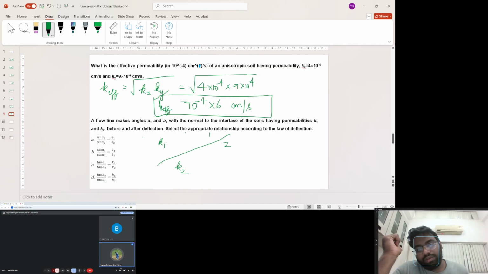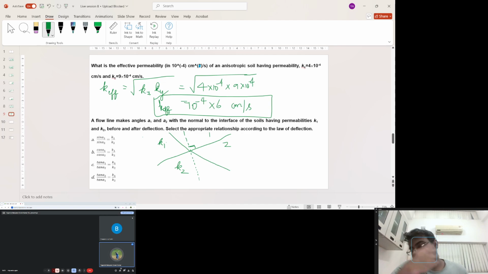So let this be the normal line, which is at 90 degrees. Right. Now a flow line is coming like this. And since it is entering into another media having different permeability, it will deflect in some manner.